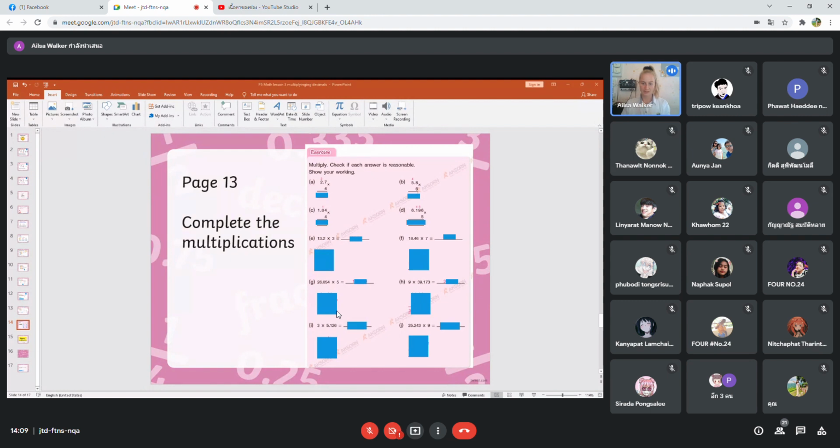Okay, 2 more minutes to complete page 13.